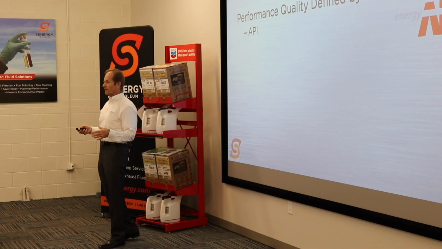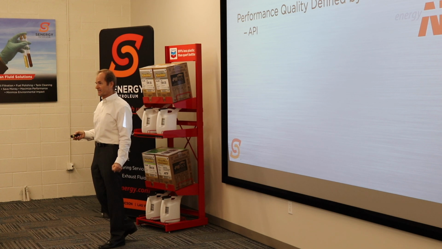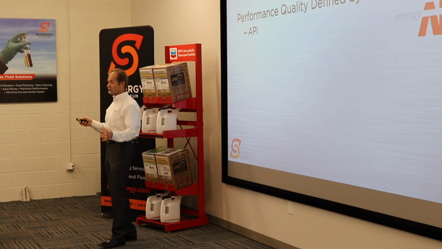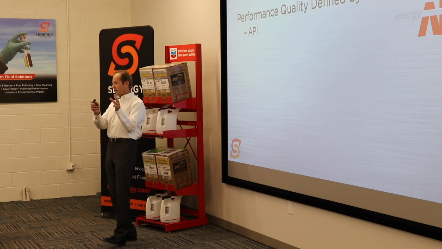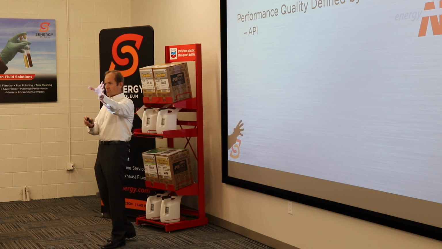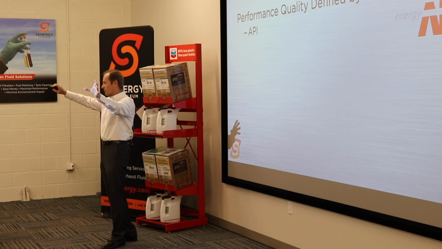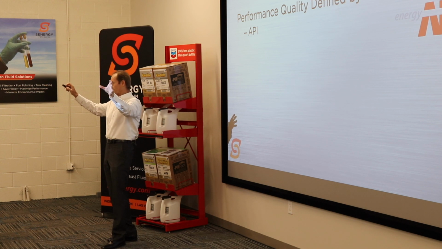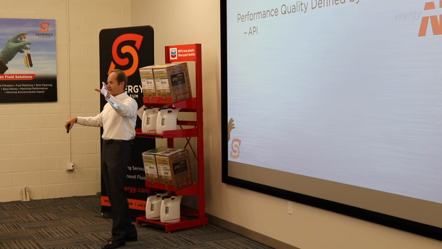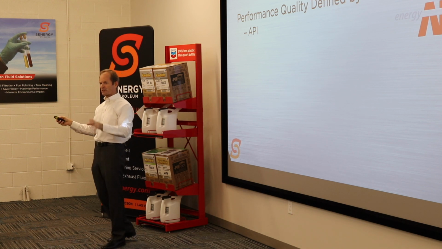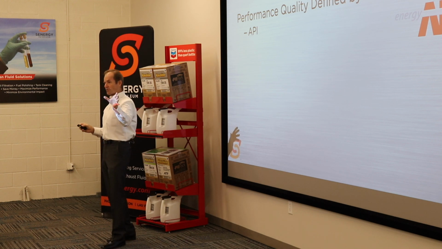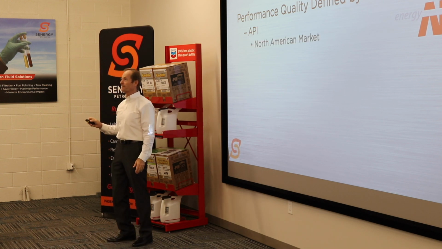The API has been around since 1919, and it does lots of stuff other than just engine oil quality. That's just one corner of their business. The API has a whole bunch of specifications on the products used to drill holes in the ground to get oil out. It's a very large organization. The quality of motor oil is only part of what they do.